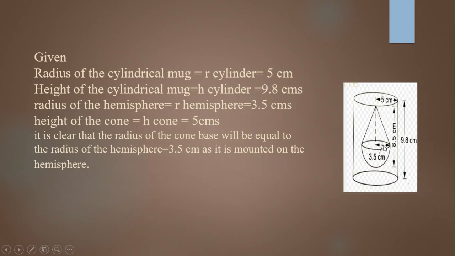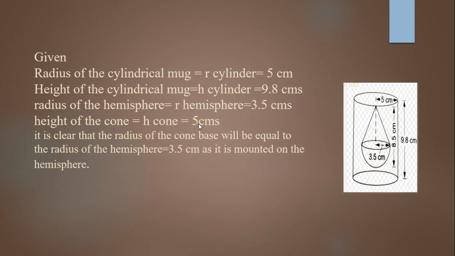The height of the cone is mentioned as 5 centimeters, but the radius of the cone is not particularly mentioned, so we take the radius of the hemisphere. The values given in the problem, and the radius of the base of the cone, are noted down.